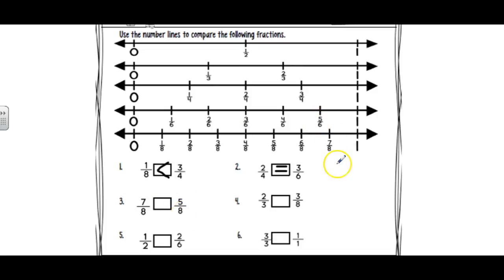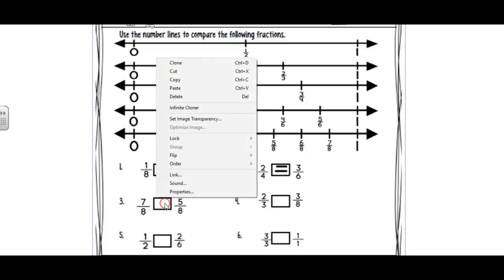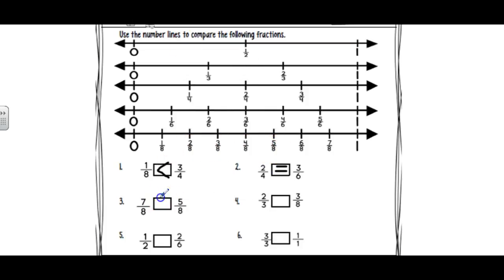This is one I've talked about before. If it has the same denominator, the only way they can be equal is if they're the exact same fraction. So they're not equal on these, and you know that 7/8 right here is definitely closer to 1/2 than 5/8 is. So that tells us that 7/8 is more than 5/8.